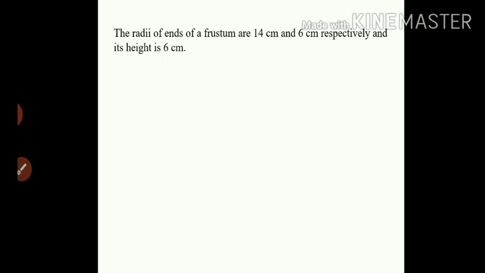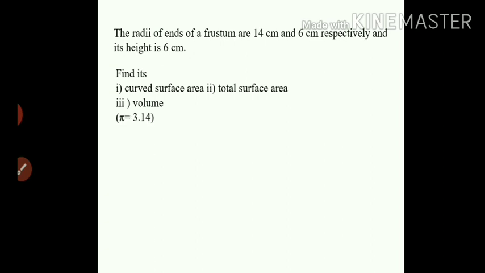Now you have to find, first the curved surface area, second the total surface area, third the volume. So first we'll write the given part. Here pi is also given as 3.14. R1 is given 14, R2 is given 6, and height is also 6 cm.